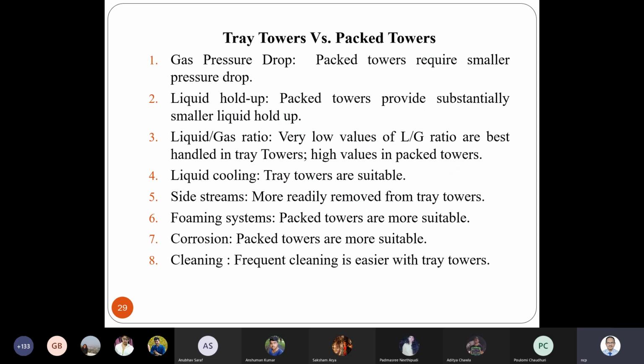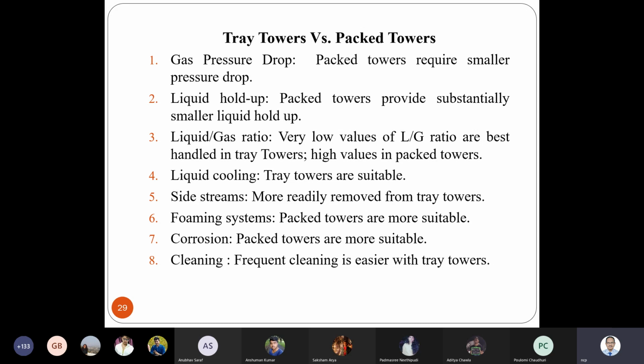For foaming systems, packed towers are more suitable. In this case the gas is not bubbling through the liquid, so foam formation is avoided. But in tray towers, the gas is bubbled through the liquid. If the liquid is a foaming one, a lot of foam will be formed, and the gas will have to disengage from that foam.